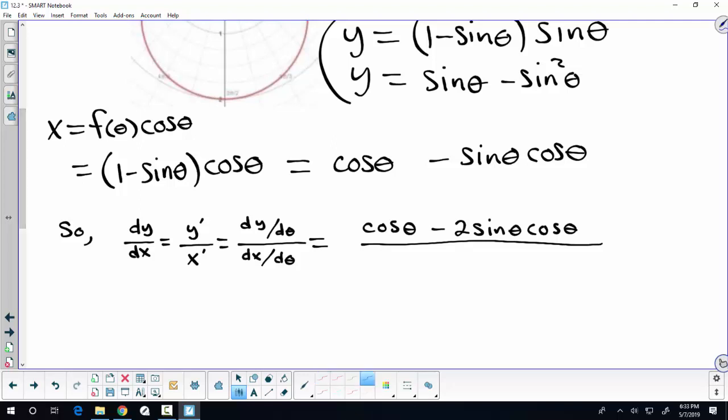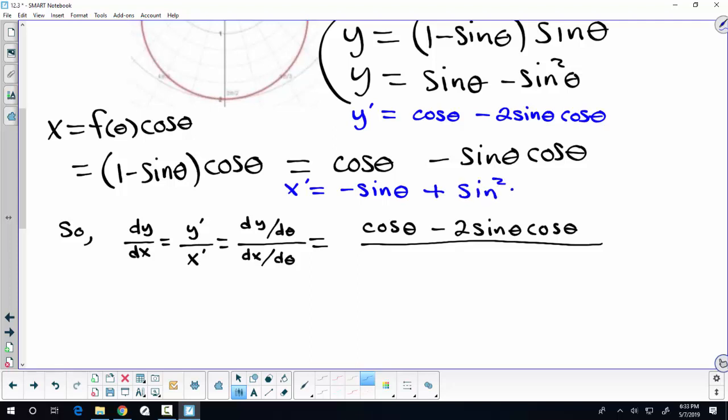So should we write that here? And then our x prime, we'll write that here, minus sine theta, minus the derivative of the product, that's sine minus cosine, plus sine squared, and we have minus sine times derivative of sine plus cosine, so we have minus cosine squared.